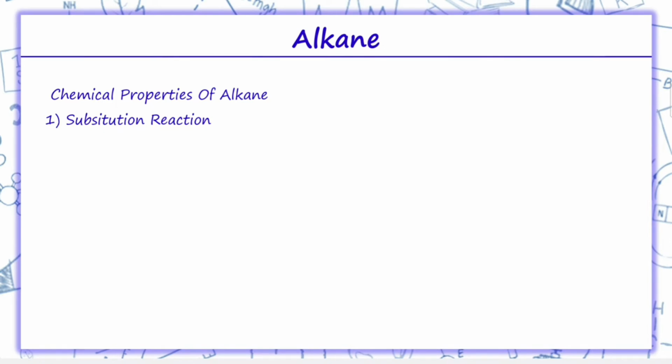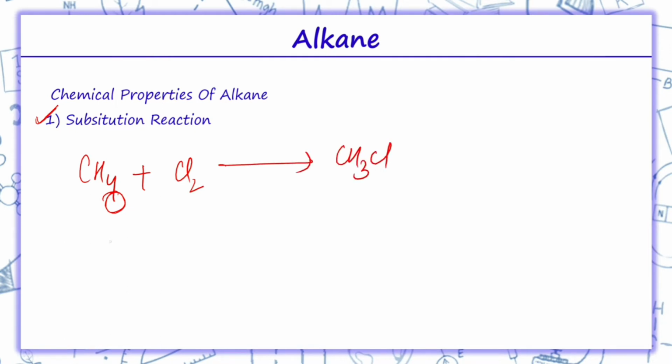Chemical properties of alkanes. First chemical property is substitution. In a substitution reaction, alkane is treated with chlorine and hydrogen is substituted by chlorine. So we will get CH3Cl, in presence of UV light and heat.